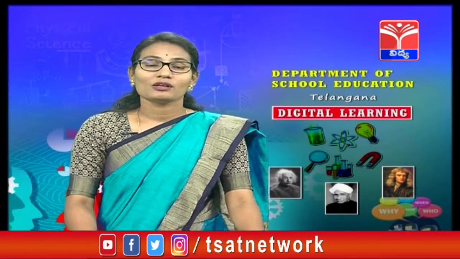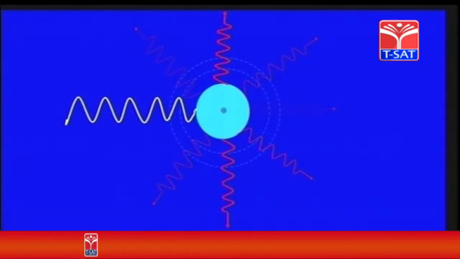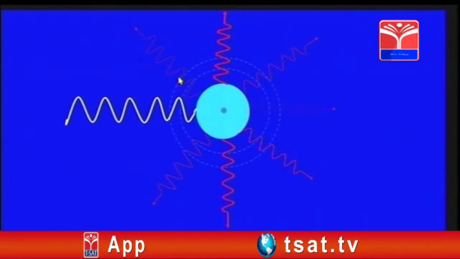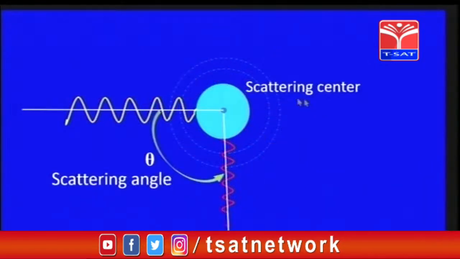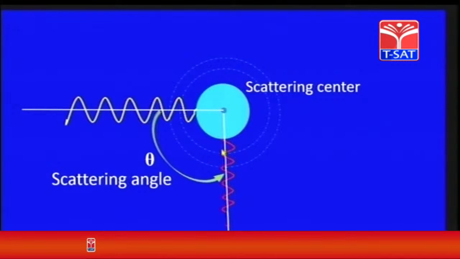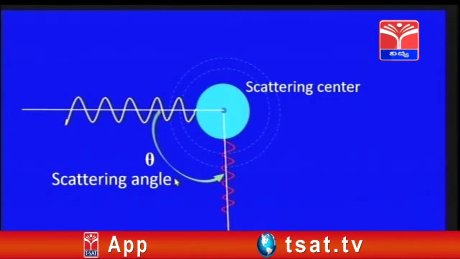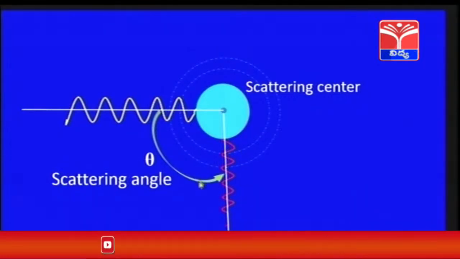Here also, the light rays scattered from the atom in all directions have different intensities. The angle between the incident light wave and the scattered light wave is known as the scattering angle, and the intensity of the scattered light depends on the scattering angle.